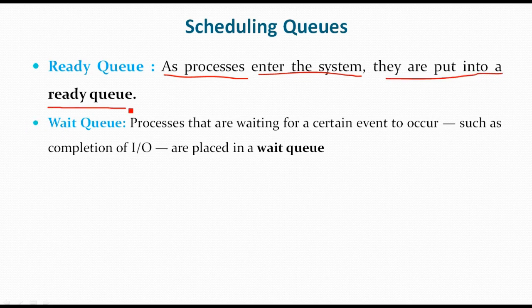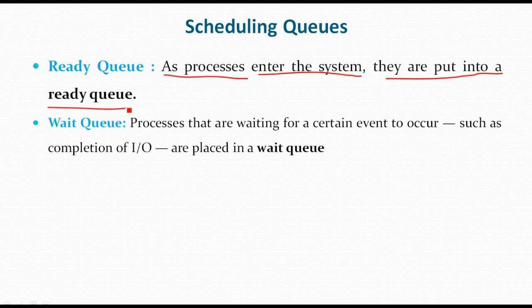In the previous lecture, we had discussed the process state. In the process state, if your process is in ready state, the meaning of the ready state is the process is waiting to be assigned to a processor.